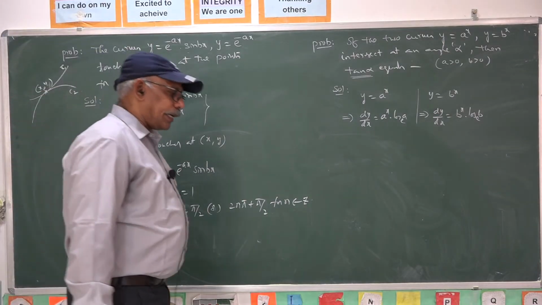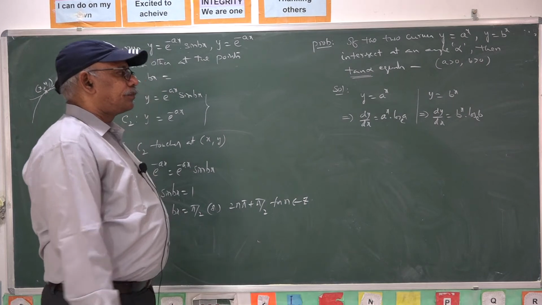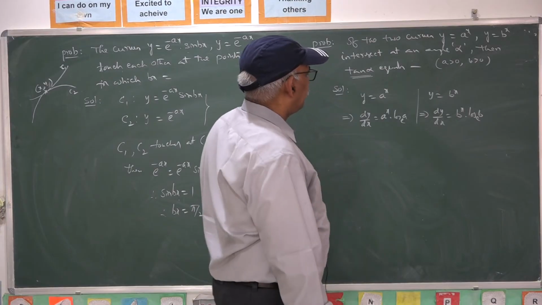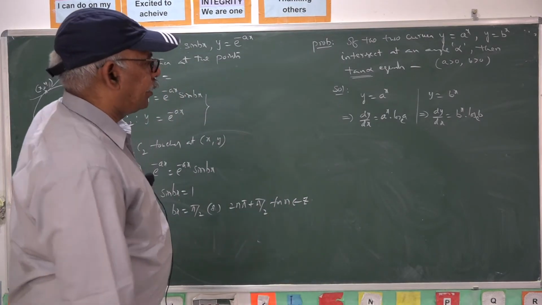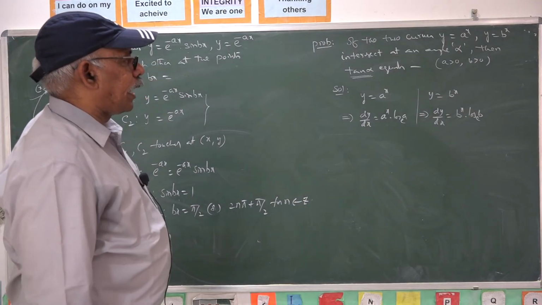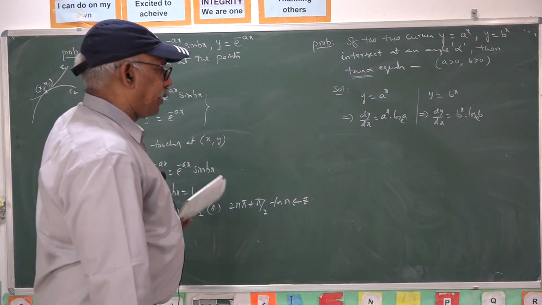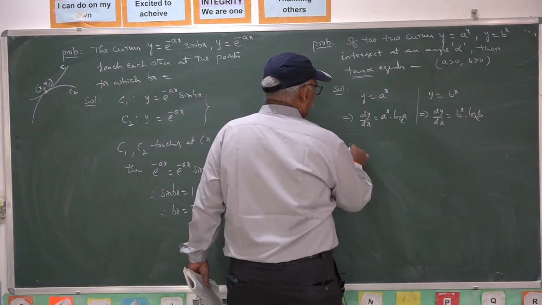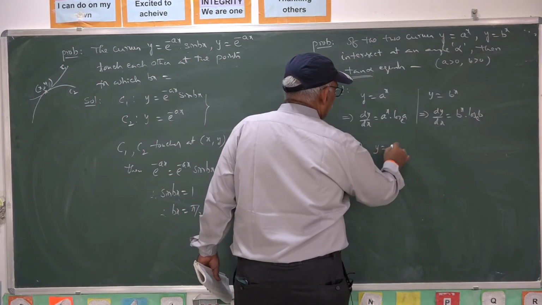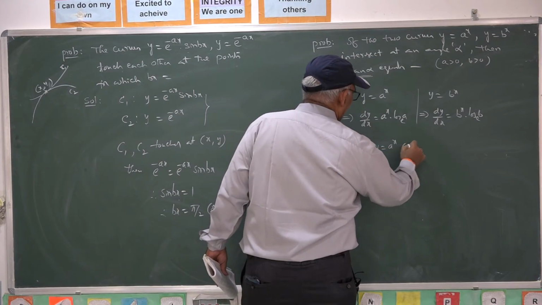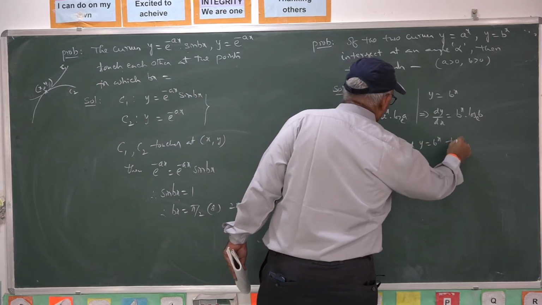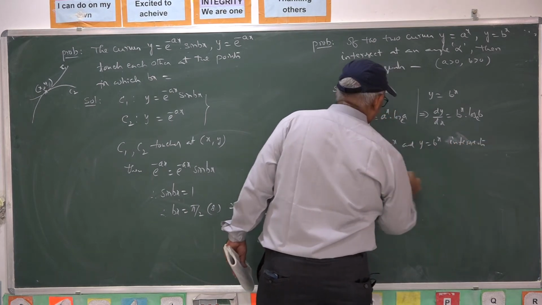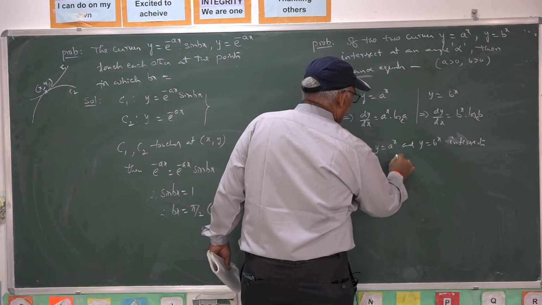So these two curves are intersecting. Then what is the tangent of alpha, the angle between the curves? Now y equal to a power x and y equal to b power x intersect at a power x equal to b power x.